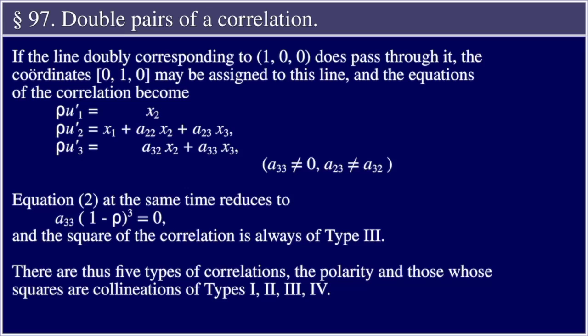Rho u3 prime equals a32 x2 plus a33 x3, where a33 is not equal to 0 and a23 is not equal to a32. Equation 2 at the same time reduces to a33 times the quantity 1 minus rho cubed equals 0, and the square of the correlation is always of type 3. There are thus 5 types of correlations: the polarity and those whose squares are collineations of types 1, 2, 3, 4.